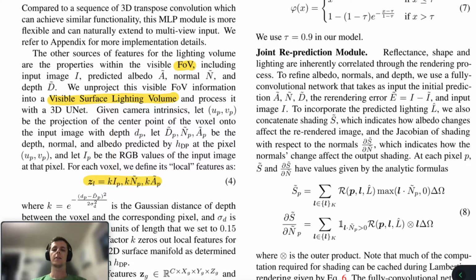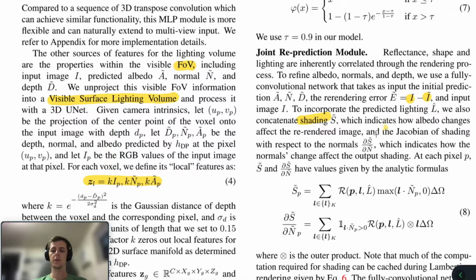Finally, there's this joint reprediction module, which takes all the predictions so far and adds another piece of information, which is the error between the input image and the image that we just re-rendered. It also takes shading, which, as I said, indicates how albedo changes after the re-rendered image, and also the Jacobian of the shading.